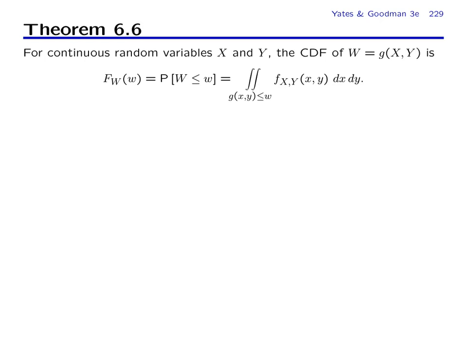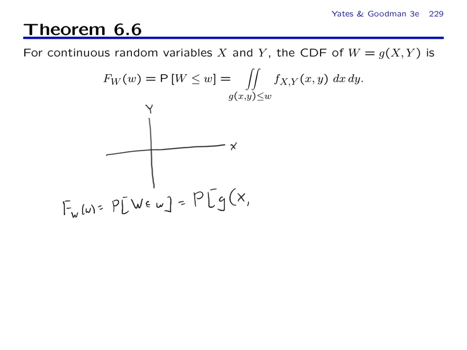The basic method derives from this theorem, which just says that for any x, y, if you want to find the CDF of W, which is just the probability W is less than w, and this is just the probability that this function g of x and y is less than or equal to w, all you have to do is identify the region on the xy plane where this condition holds and integrate the joint PDF over that region.